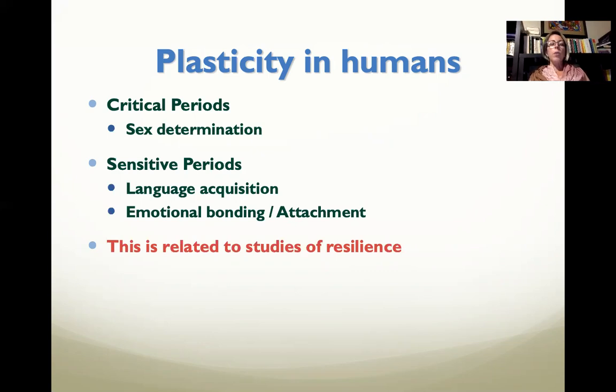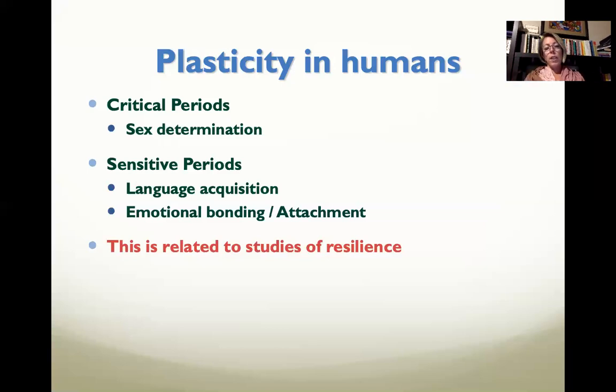So if you don't have any language by 7 or 8, it is much harder to learn any language. If you don't have any emotional bonding, any attachment to anybody, after age 3, it is really hard to establish those kinds of trusting, interdependent relationships. So it's not that it's impossible, it's just much harder, right?